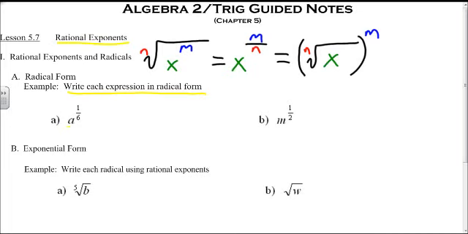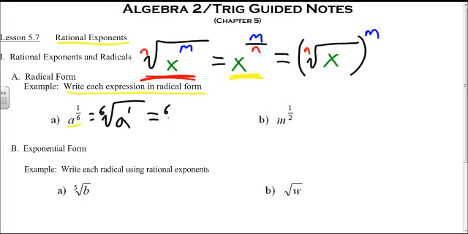So we were given this in our middle form. We want to get it back into our radical form. So we can just notice that our a is like our x in that case. Our 1 is our m, so we'd say to the first power, and 6 was our index there. So we'd rewrite this as the 6th root of a to the 1.